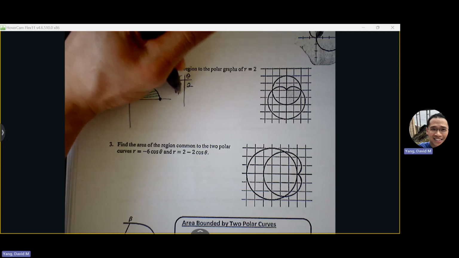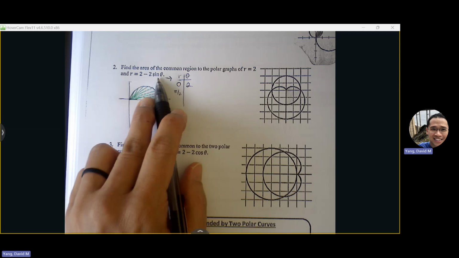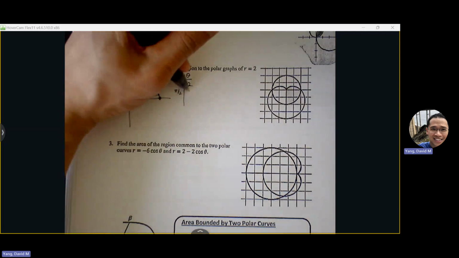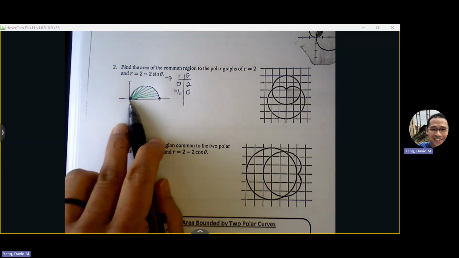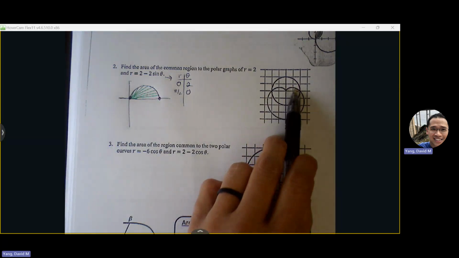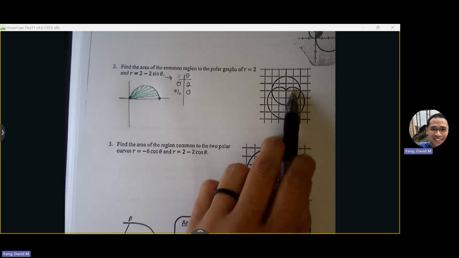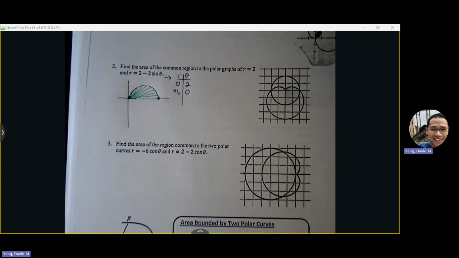And then at pi over 2, 2 minus 2, well, we know that sine of pi over 2 is 1. 1 times 2 is 2. 2 minus 2 is 0. So it's going to hit this region at pi over 2. So for this upper portion, where from the polar 0 is hitting that bump there, we're referring to that 2 minus 2 sine theta.